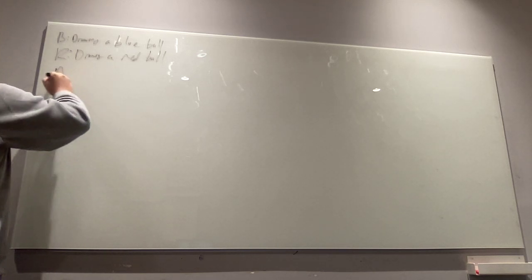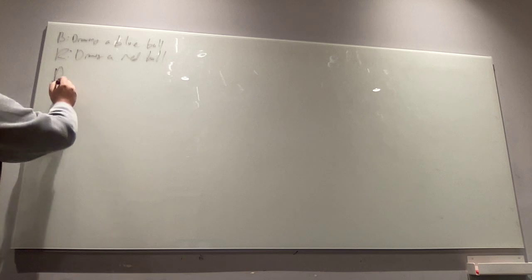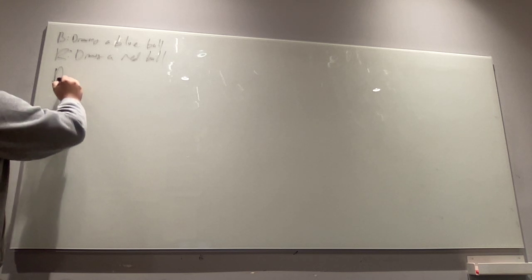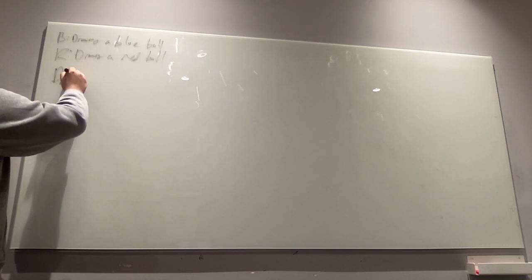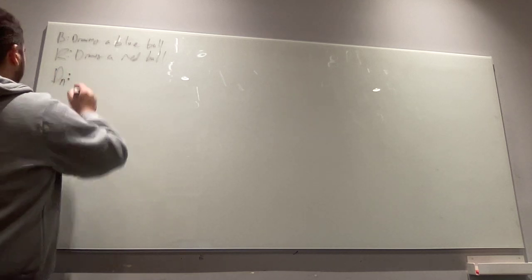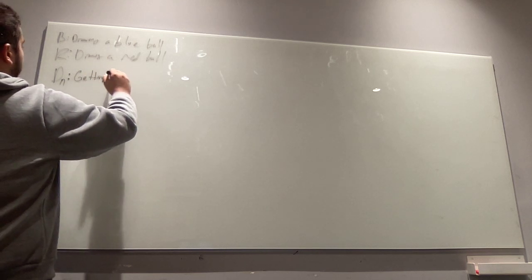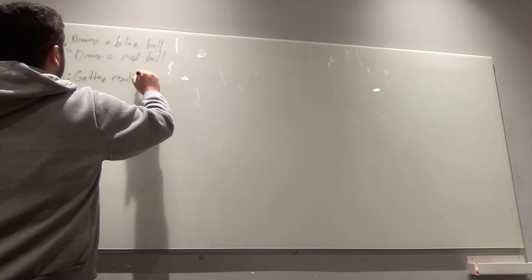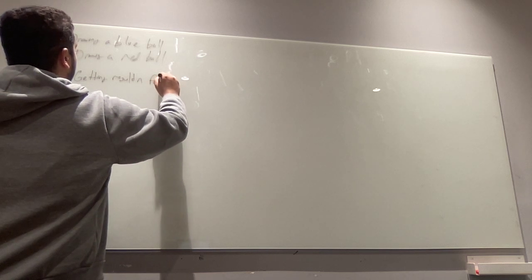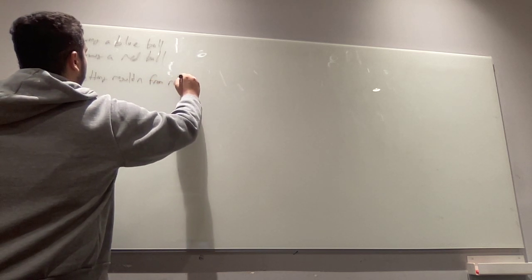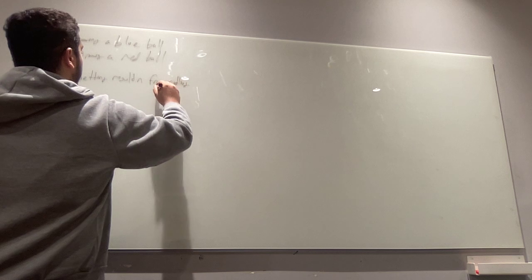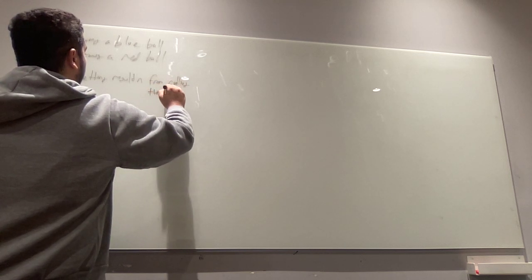D_N, the dice, where N is a parameter: getting result N from rolling the die.